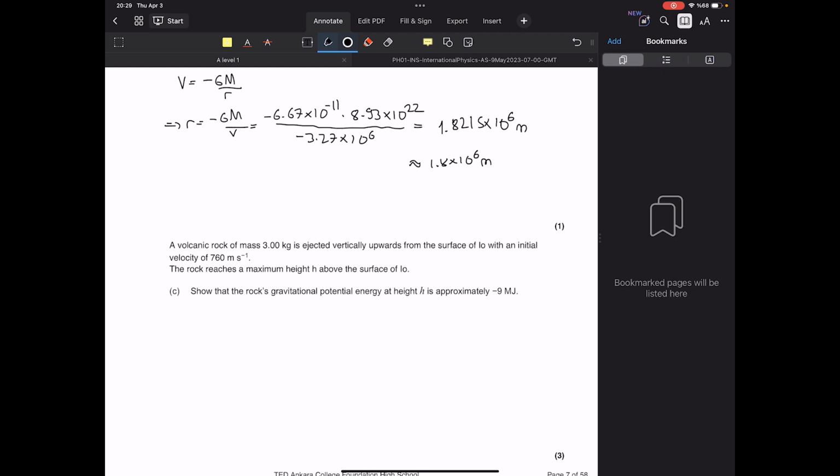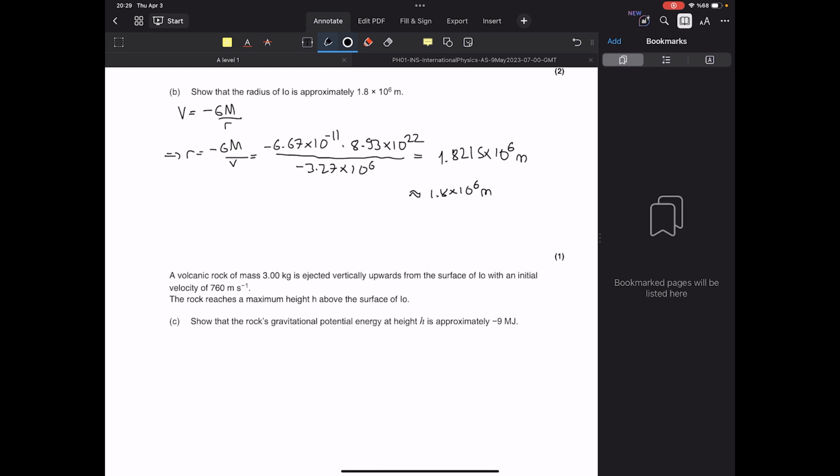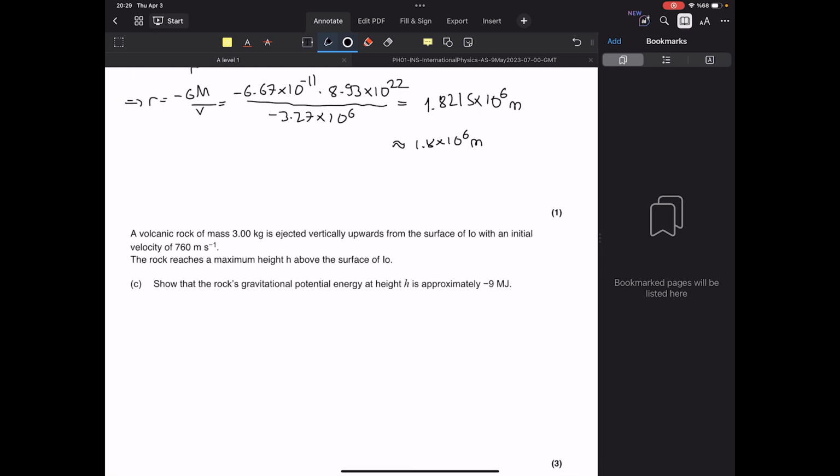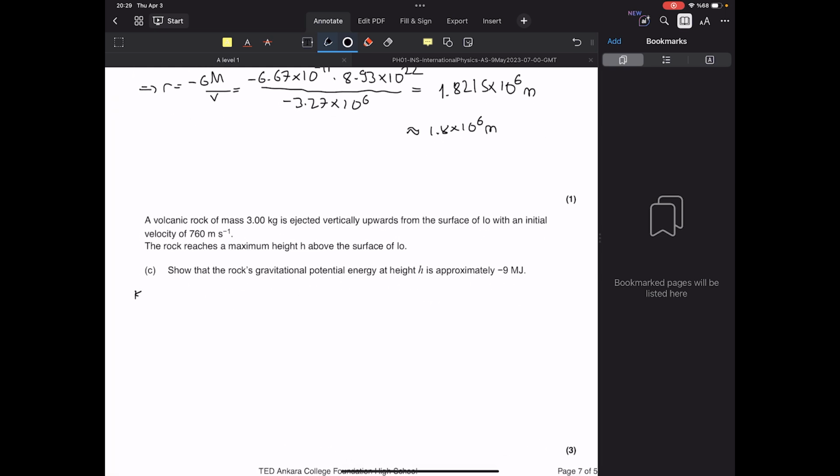So the kinetic energy at h is equal to 0, meaning the gravitational potential energy at h is going to be equal to the potential energy at the surface plus the kinetic energy at the surface.